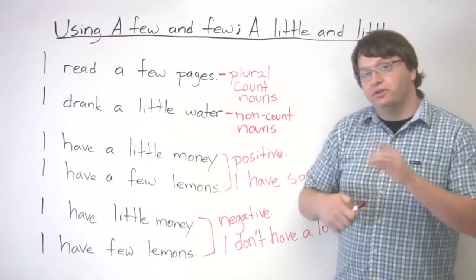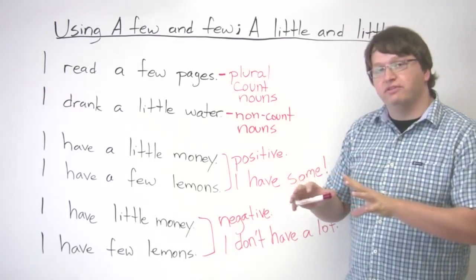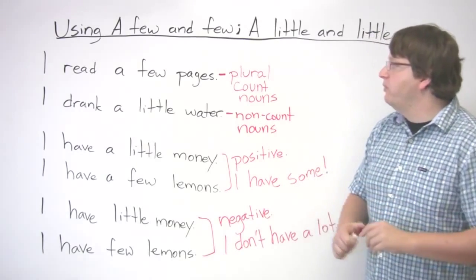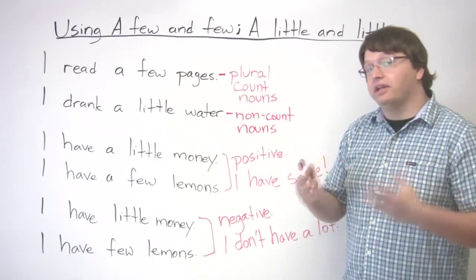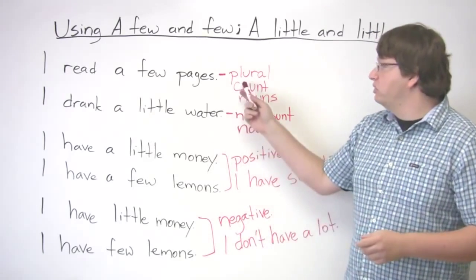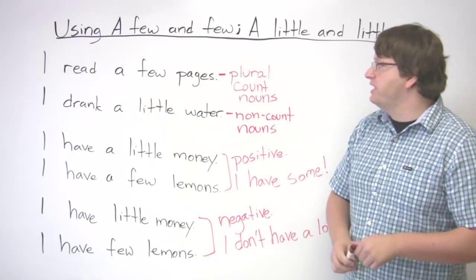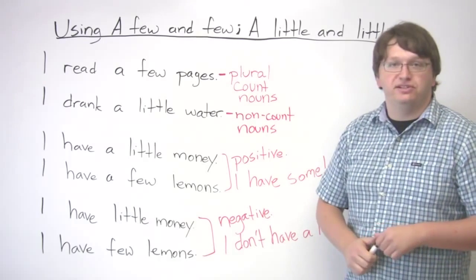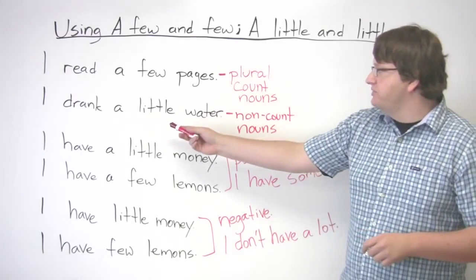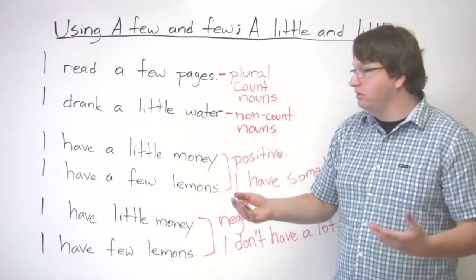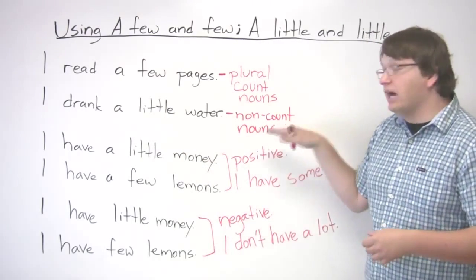Just to review the couple of rules that we've learned here today, when you want to use few or a few, you can only use them with plural count nouns. So again, I read a few pages of a book. Whereas if you're using little or a little, you use those for non-count nouns.